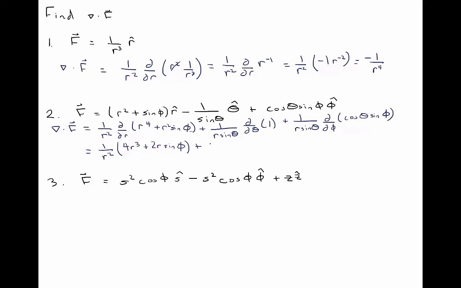Well, one's a constant, so that's 0. Here, cosine theta is a constant. And we just take the derivative of sine phi, get cosine phi.